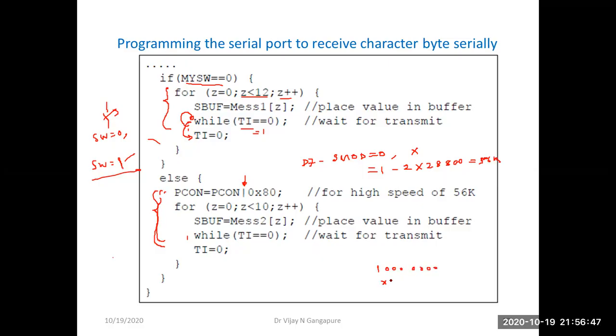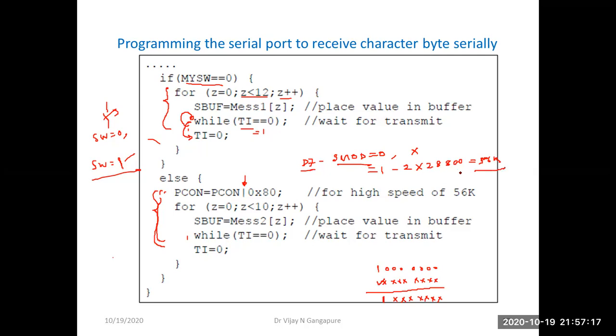Whatever the contents in PCON, after this the D7 bit will always be 1, and the remaining bits will be x x x x x x x. Actually, by using this statement we are setting the SMOD bit, that is bit number D7 in PCON. So when we set this SMOD bit, what will happen?